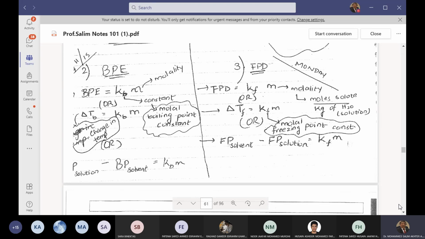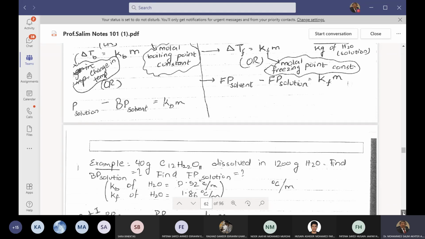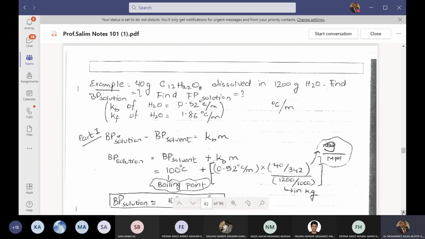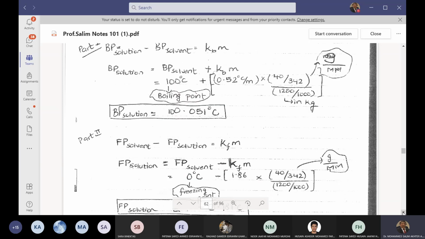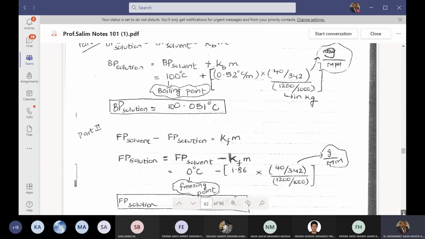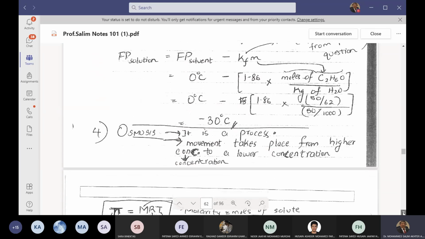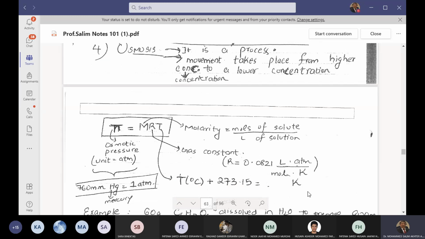The last one we talked about, after some examples, was osmosis, and for osmosis we used capital M: pi is equal to MRT. In boiling point elevation and freezing point depression, we used small m, molality, moles per kilogram of solvent.